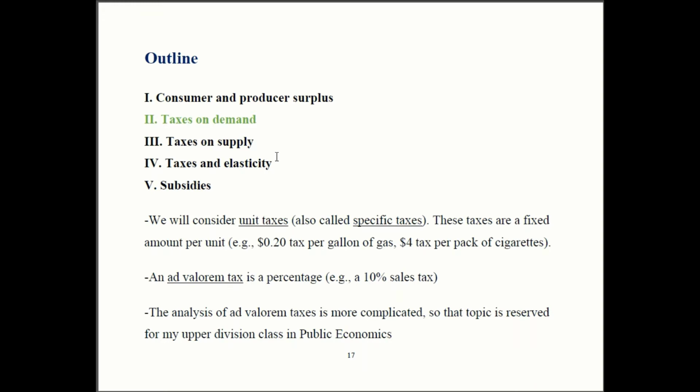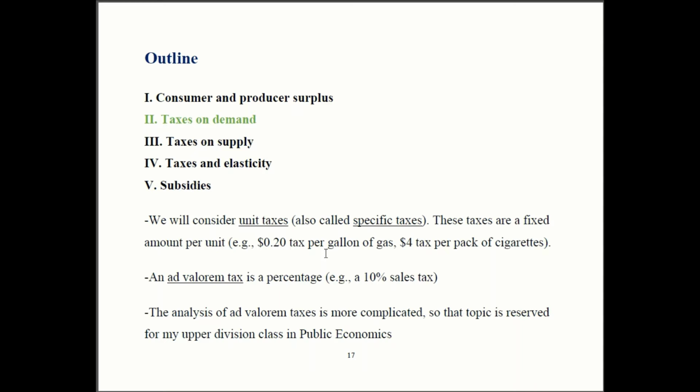In this section, we'll look at what's called a unit tax or a specific tax. That's where the amount of the tax is a fixed amount per unit. So things like a 20 cents per gallon tax on gasoline. It's not exactly 20 cents, it's roughly 20 cents at the federal level. Or you tax each pack of cigarettes at some amount per pack.